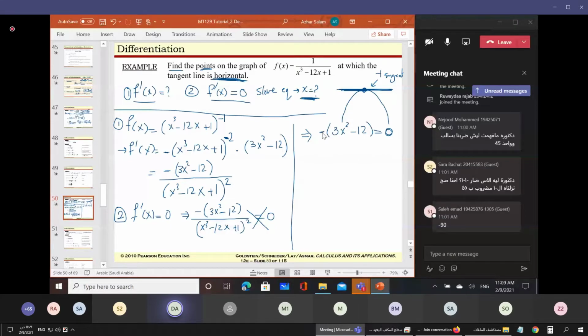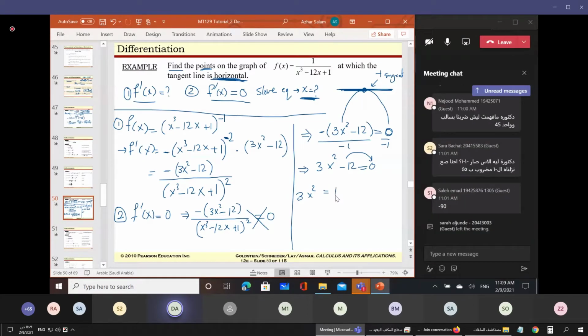Of course, here I have minus equal to 0, dividing by minus 1. I will simplify it more here. 3x squared minus 12 equals 0. I will move 12 to the other side, which is 3x squared equals 12.